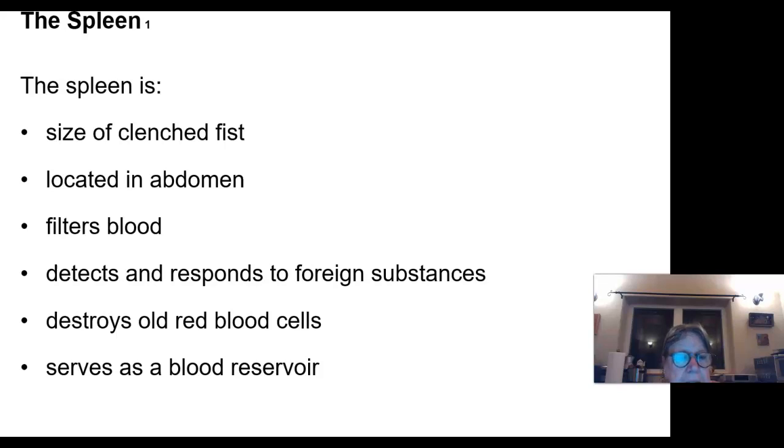The big thing is it filters blood and destroys old red blood cells. That's why often after a traumatic event in the abdomen, like a car accident, they have to remove the spleen because it was so damaged, and you could easily bleed out from the spleen.